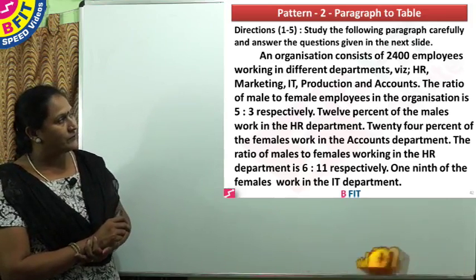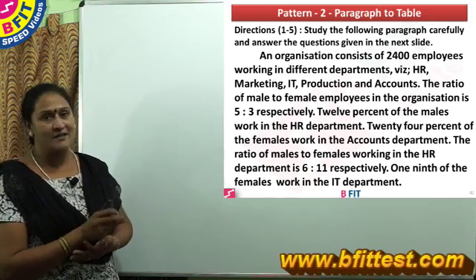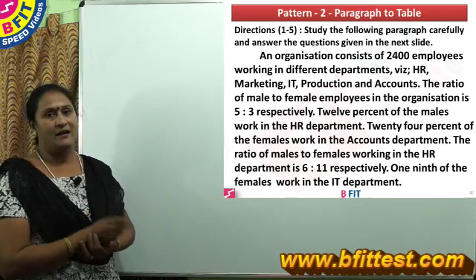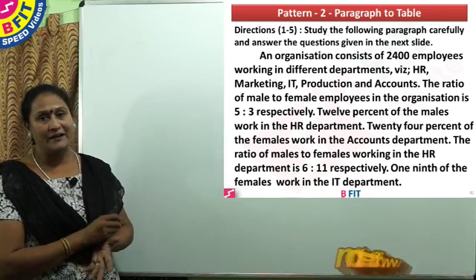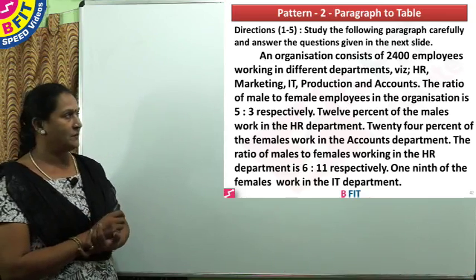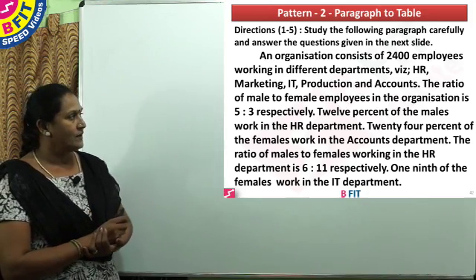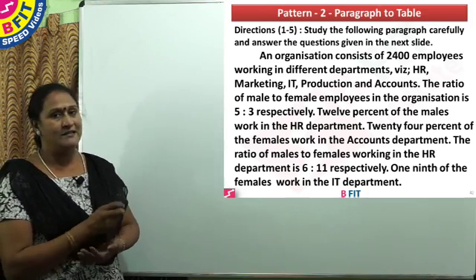We have 5 different departments: HR, marketing, IT, production and accounts, and male, female details are given.